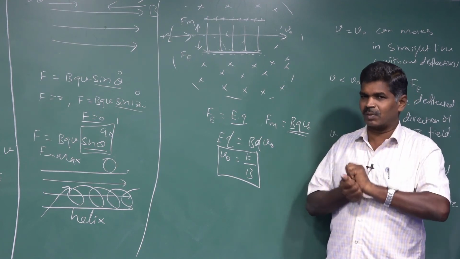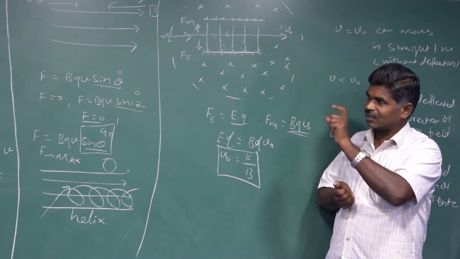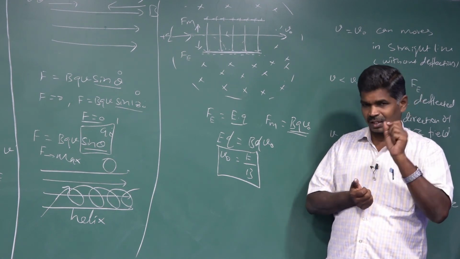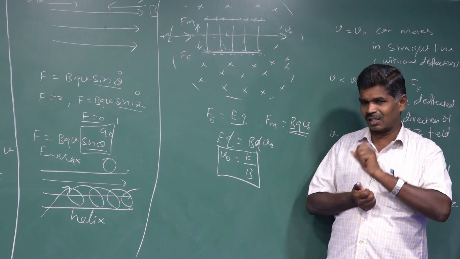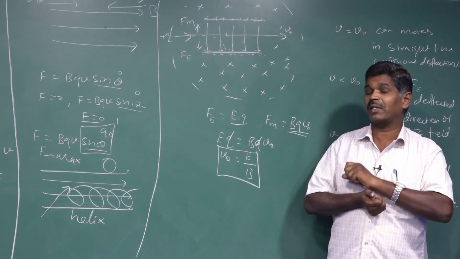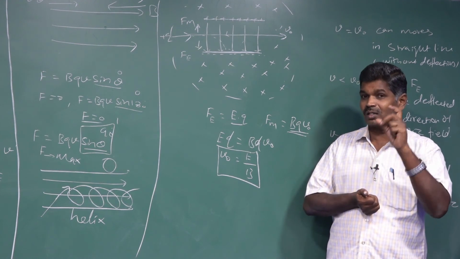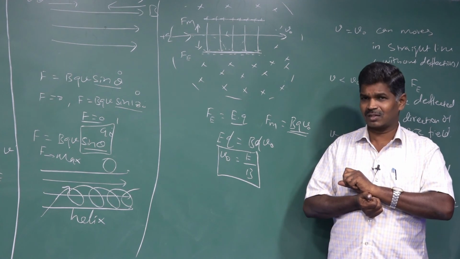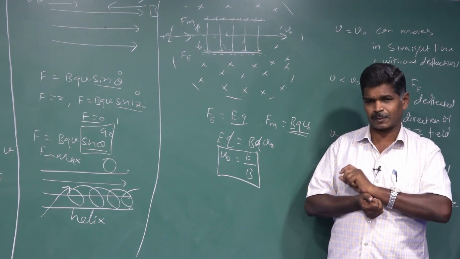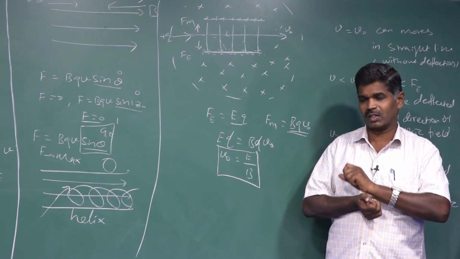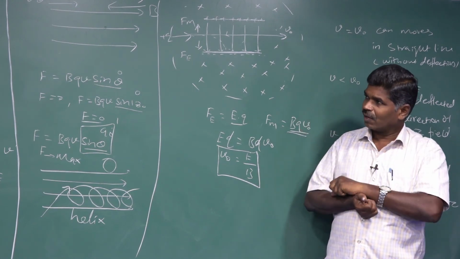That type of arrangement is called a velocity selector. Crossed electric and magnetic fields means they are perpendicular to each other. Only then can they produce electric force and magnetic force in opposite directions, so the charged particle comes out without deflection. That is the principle of the velocity selector.